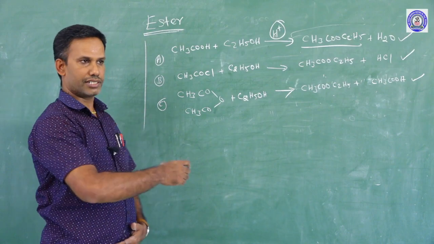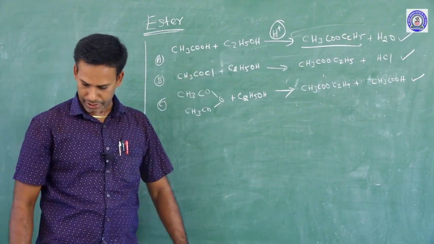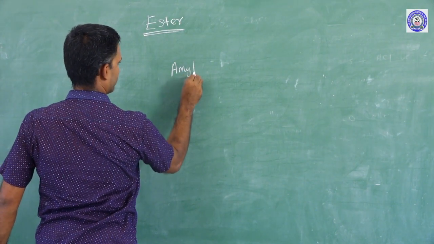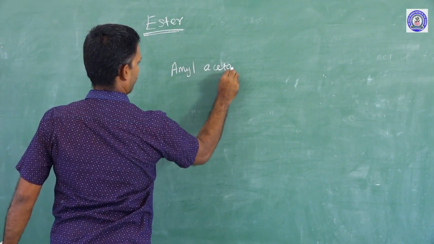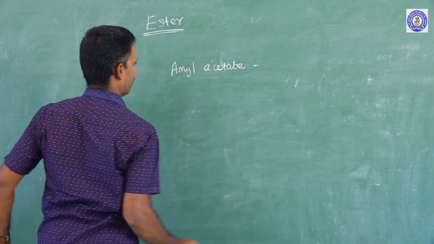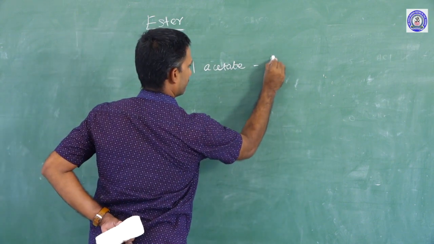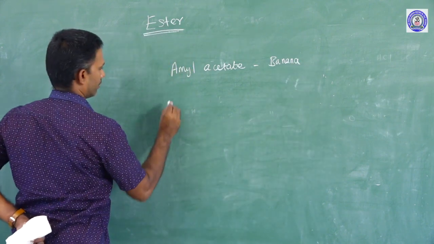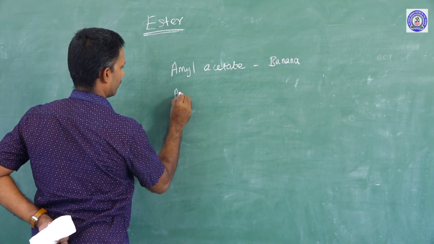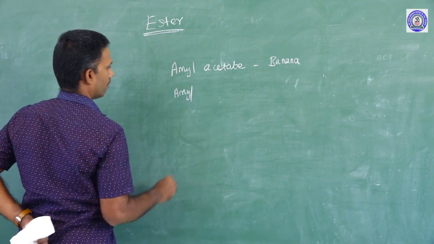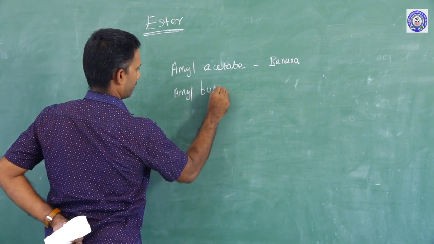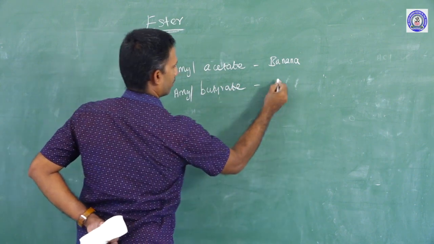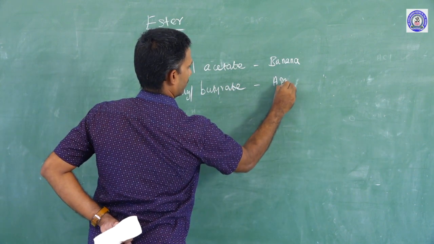There is a list of esters and their smells. Amyl acetate, the odour of banana. Amyl butyrate, apricot.